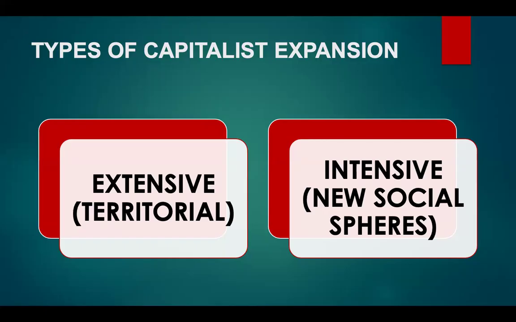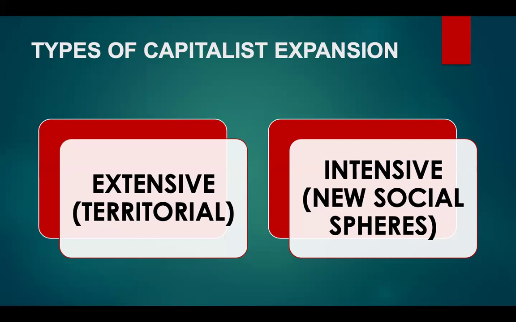One of the things I would like to say is that extensive territorial expansion perhaps we can undo, but intensive expansion into new social spheres is deeply ingrained into societies, and it's next to impossible to undo this kind of expansion.